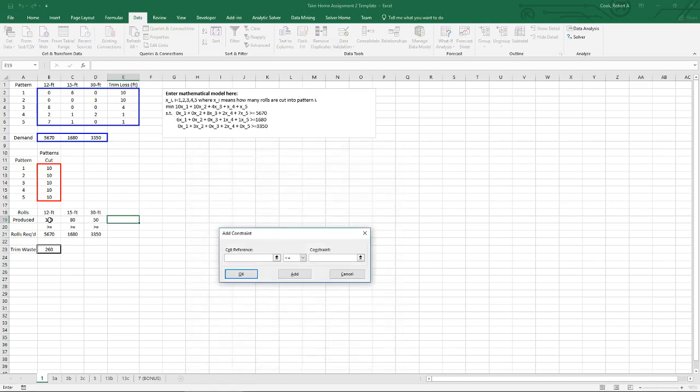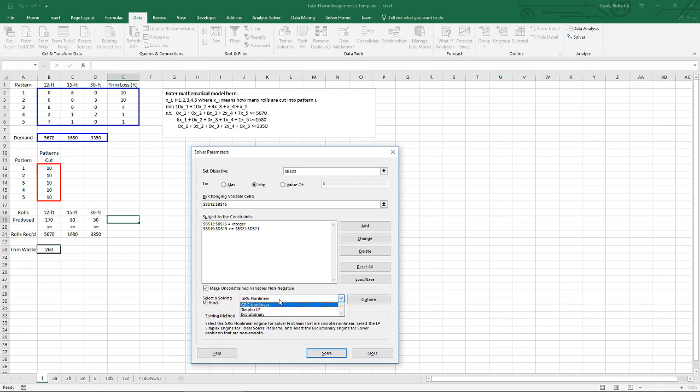But we only have one, and that is that our rolls produced must be greater than or equal to our rolls required. Well, I shouldn't say there's only one. There is one more that's very important, and that is our integer decision variables. So we must produce whole patterns. You can't produce a third of a pattern. So B12 through B16 must be integers.